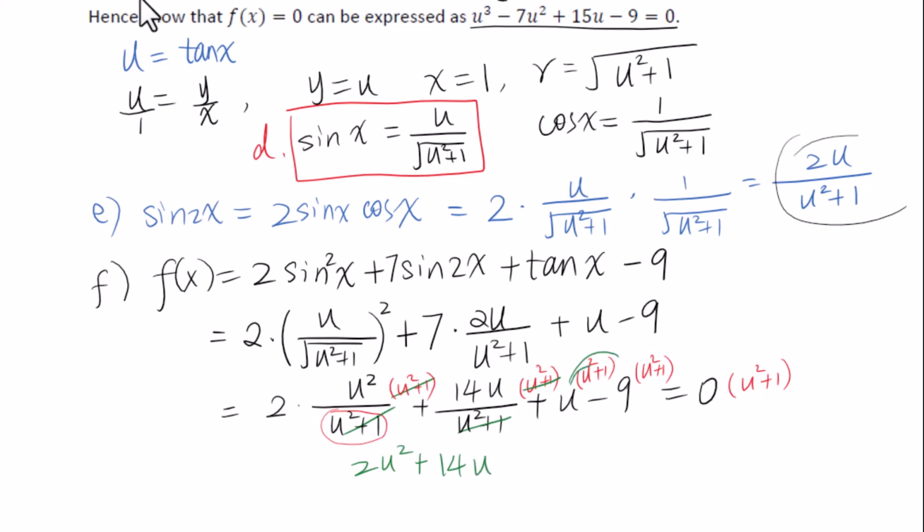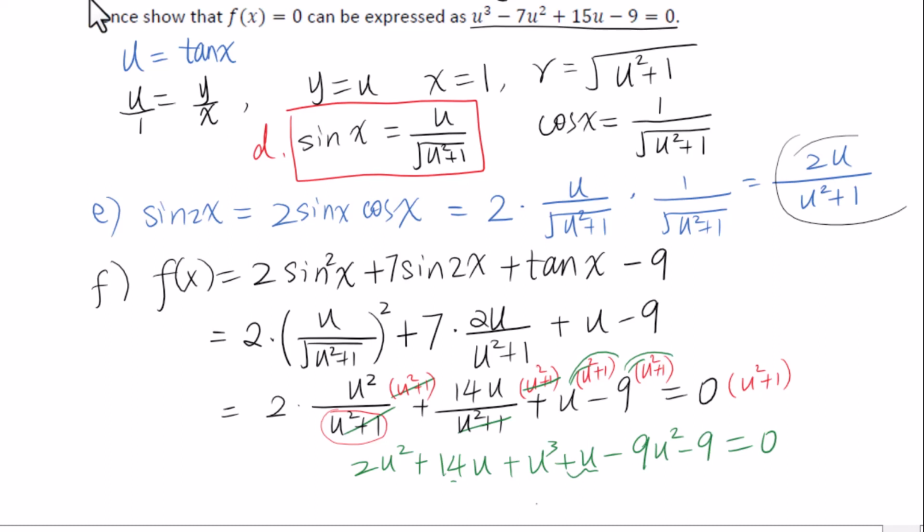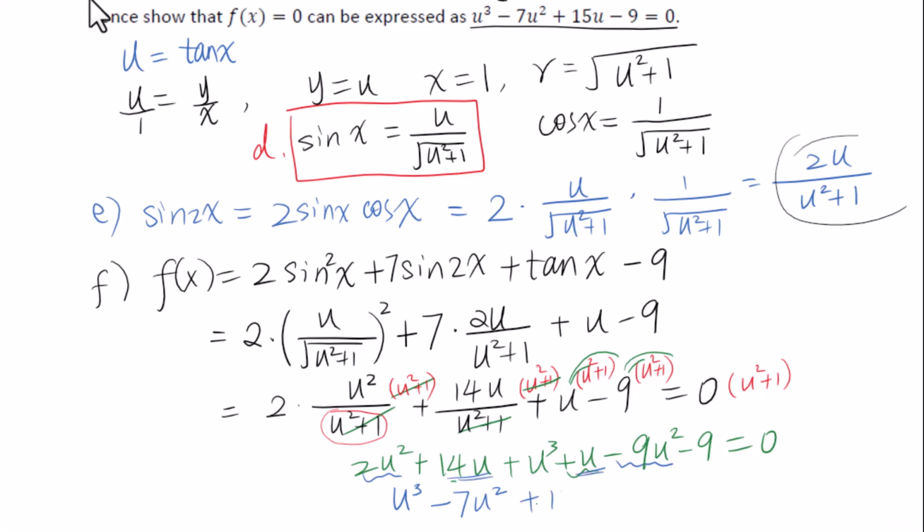Distributive property, u to the third power plus u. Distributive property, minus 9u squared minus 9 equals 0. Then we organize: u to the third power, combine like terms, minus 7u squared, plus 15u minus 9 equals 0.